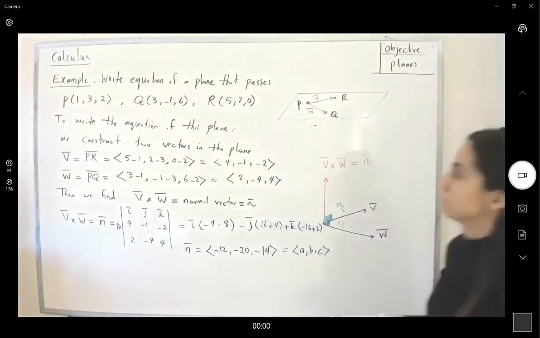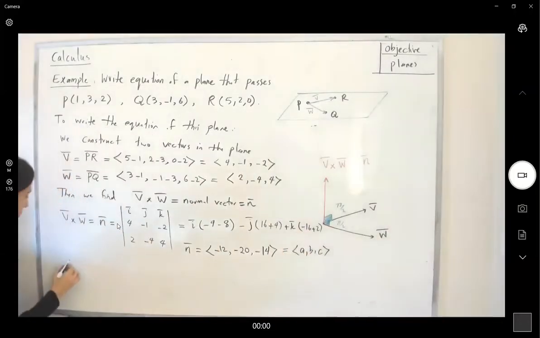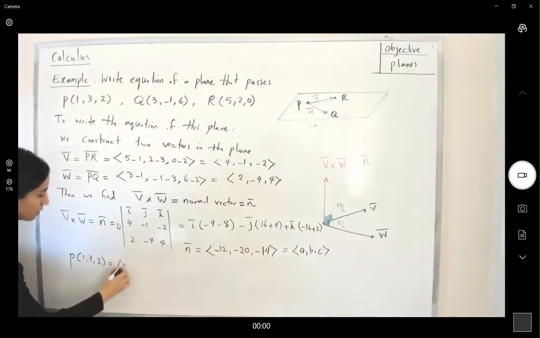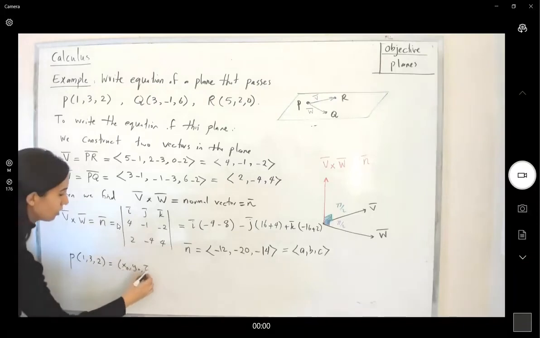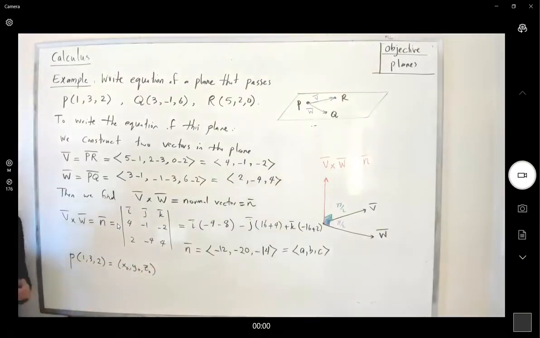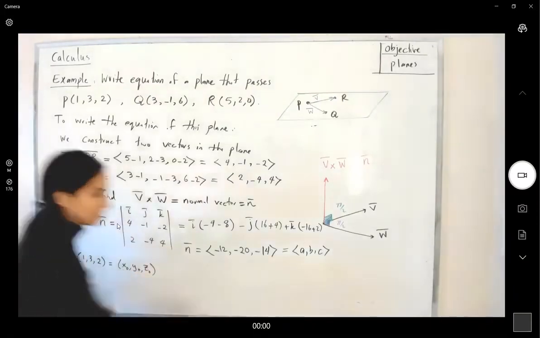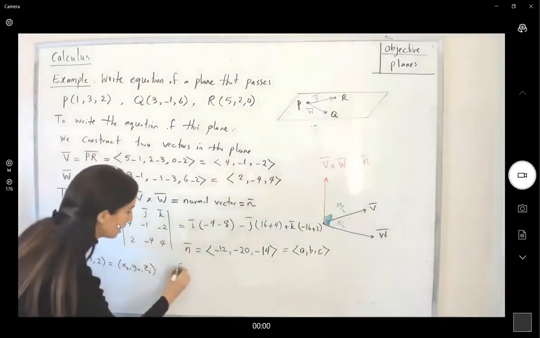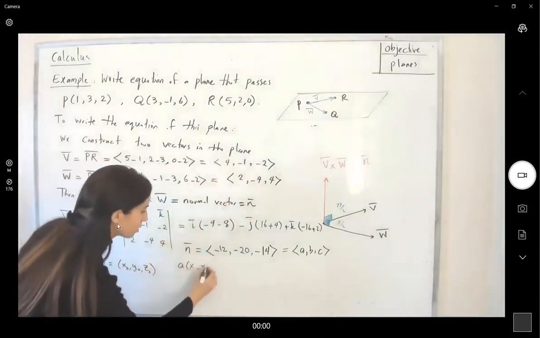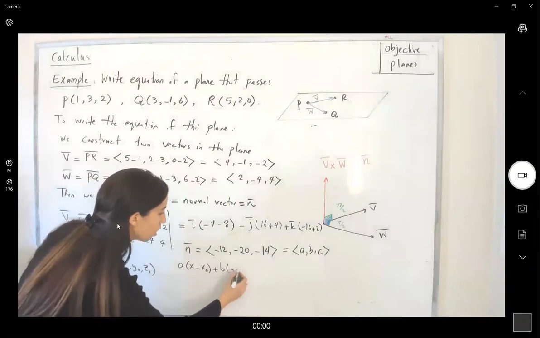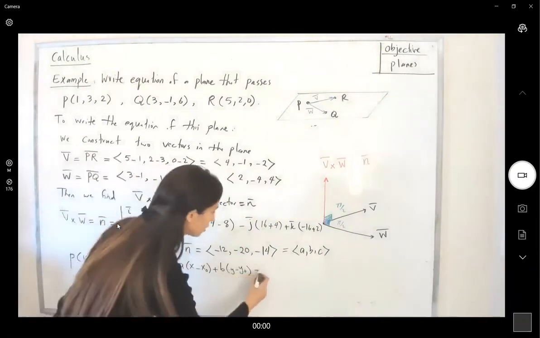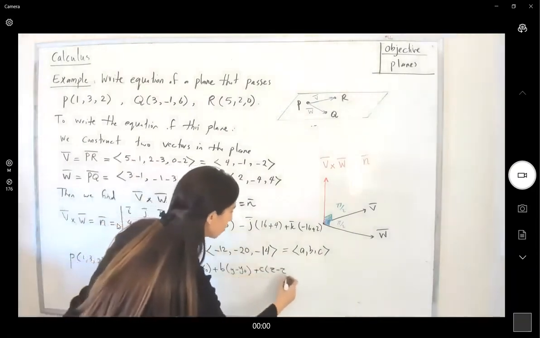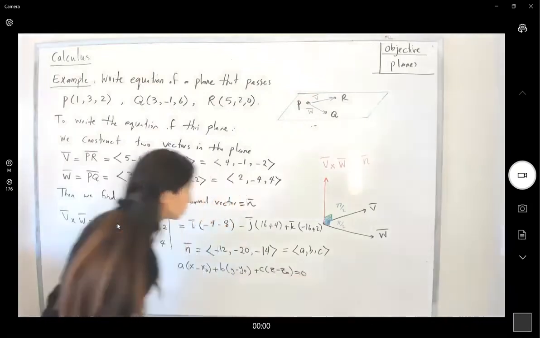This is my A, B, and C. Take one point, like P, (1, 3, 2), as x sub 0, y sub 0, z sub 0, and then write the equation of the plane. A times x minus x sub 0 plus B times y minus y sub 0 plus C times z minus z sub 0 equal to 0.